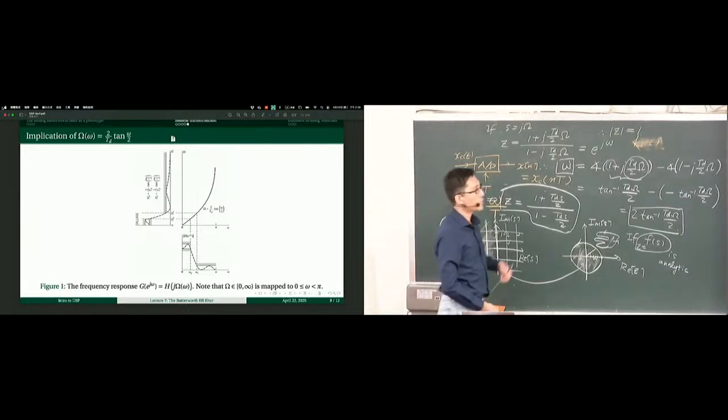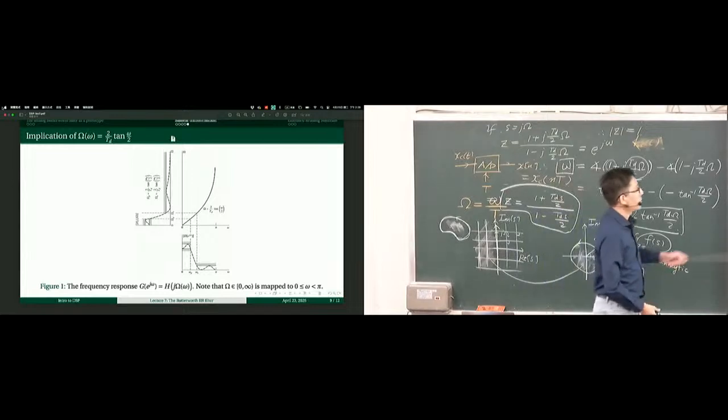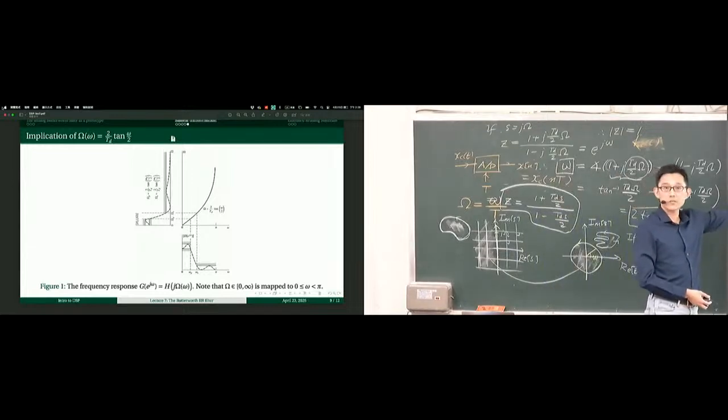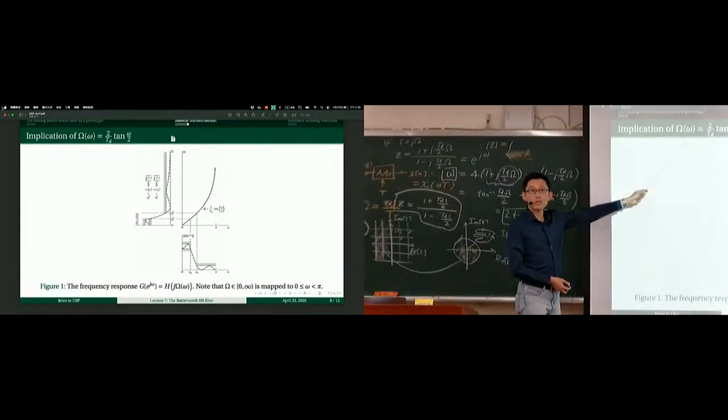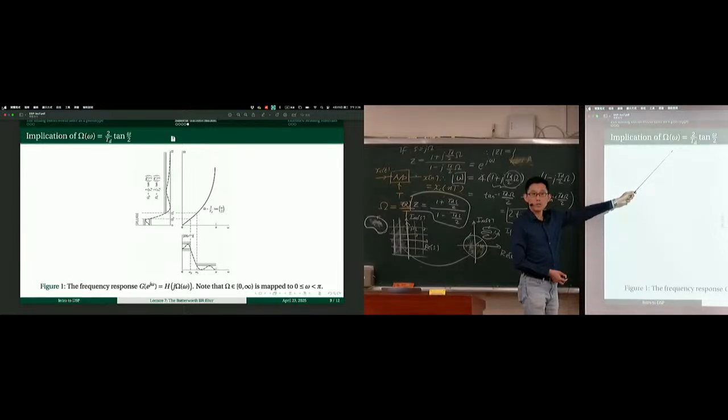But now we have a different relation because the context is different. Now we are designing a filter by borrowing an analog prototype. So we are not talking about sampling, and it's not surprising that we have a different relation. It's still using the same variables and the same notation, but the context is different.